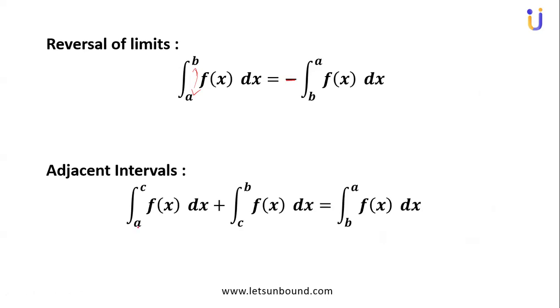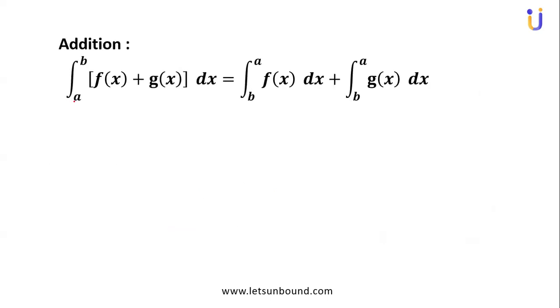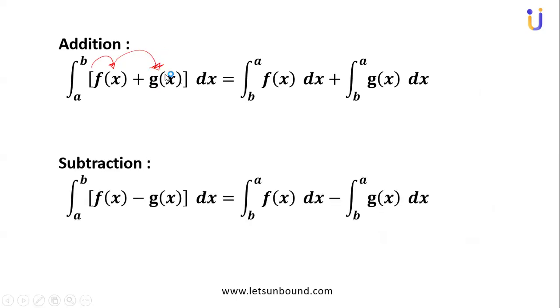And adjacent intervals, a to c of f of x and c to b, same function. You're finding separate areas. You can just make it into a single area if they are adjacent. There is no gap at all. Now addition, a to b of f of x plus g of x dx. You can apply the integral for each term, right? And subtraction also the same. You can apply the integration for each term.